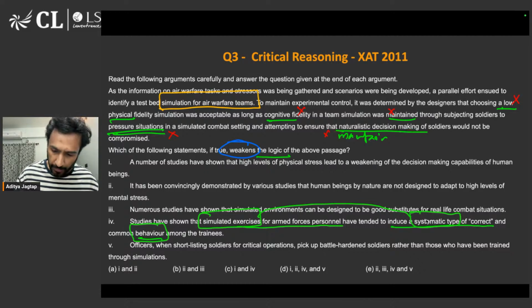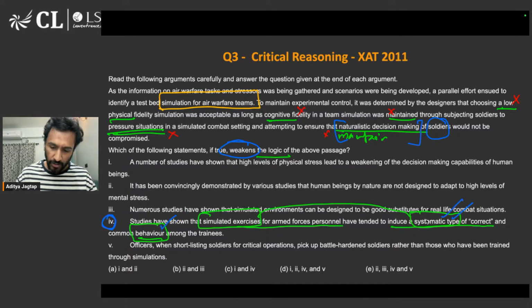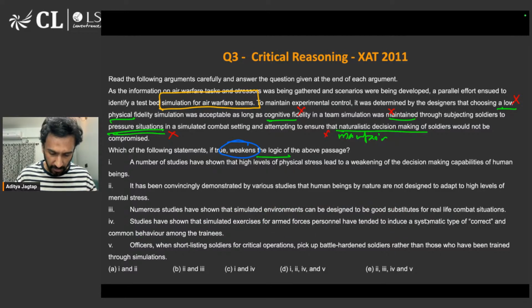So, a group of people can think in a certain way. If you notice, option 4 says a group of people can have a systematic type of behavior. So, statement 4 actually confirms the idea that a training exercise like this can be beneficial. So, statement 4 would be strengthening. Statement 5 would be neutral or unrelated.